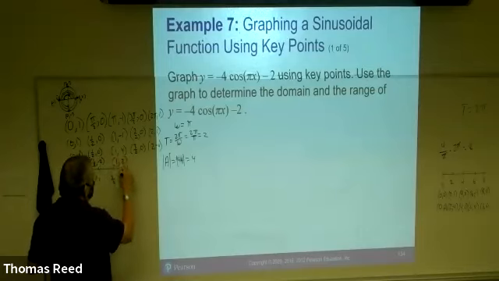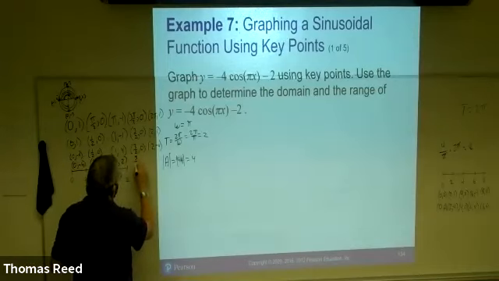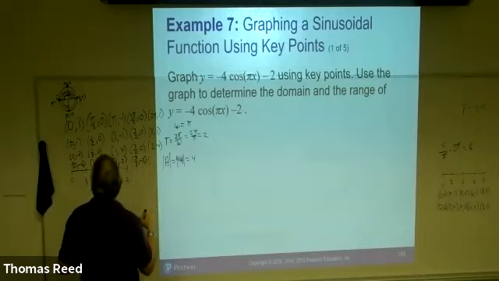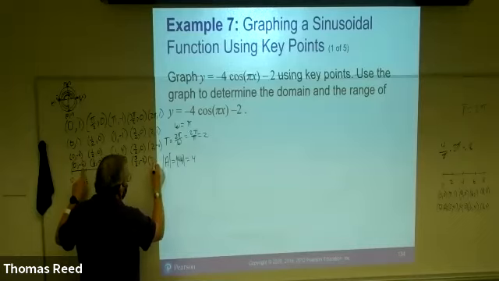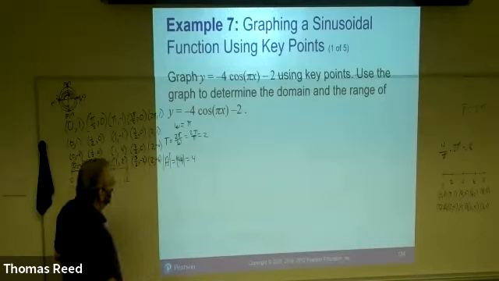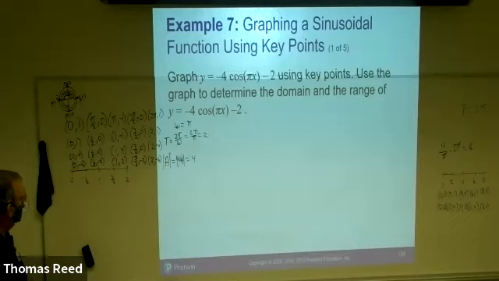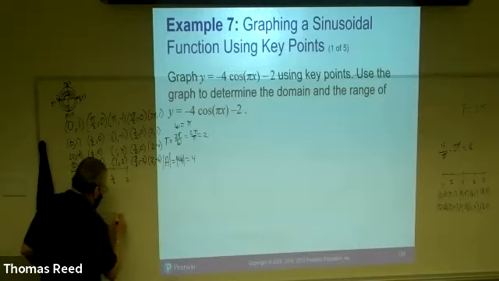So 1, 4 moved down to 1, 2. The 3/2, 0 moves down to 3/2, -2. And the 2, -4 is going to have the same y value as the first point, 2, -6, because -4 minus 2 is -6.